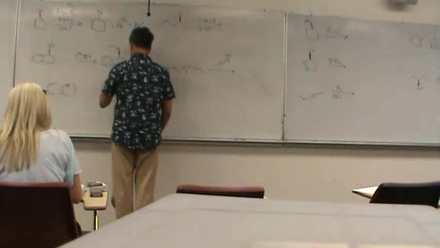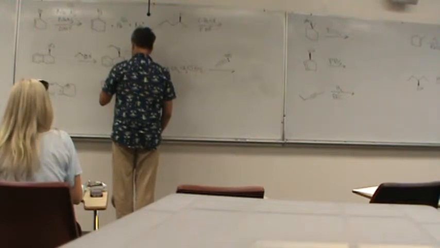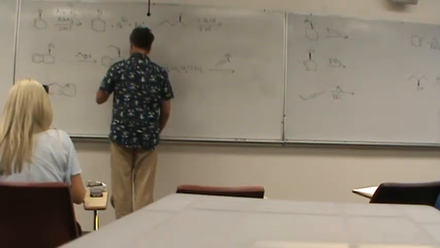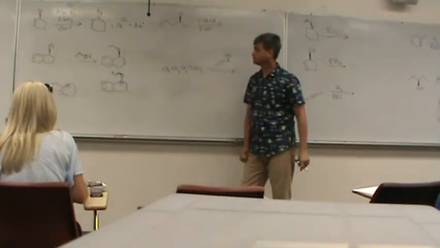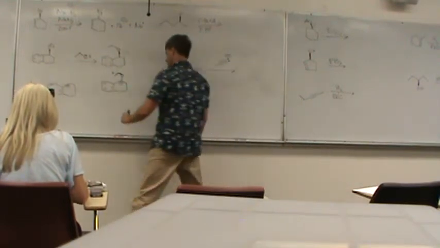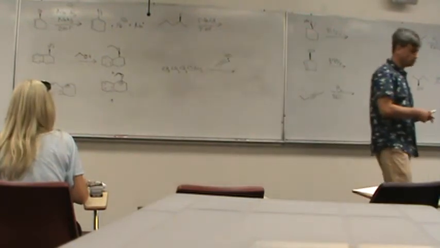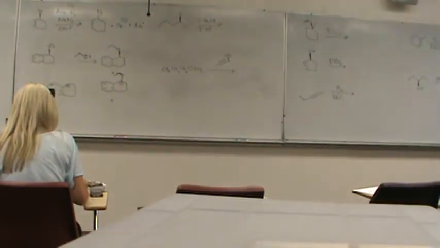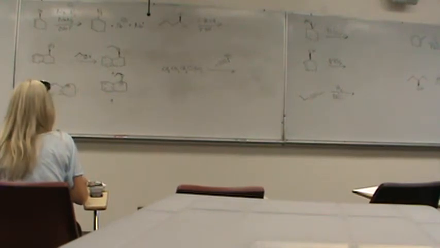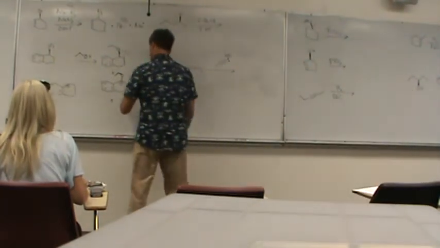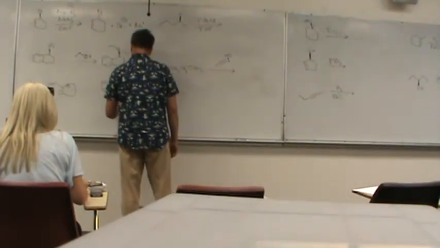And then, because it's not that good of a nucleophile, it's an okay nucleophile but it's not on our list of good non-nucleophilic bases, you can also get some elimination in there.